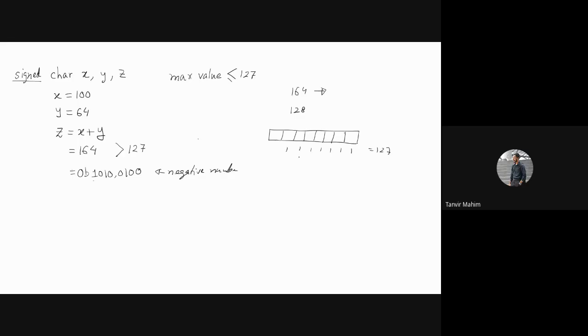If you add 1, that is 128, which is just 1 followed by all zeros. So I put 1 first here for 128. And next, how much is left? We have 36 left, if you take the difference. Now 36 you have to put here.